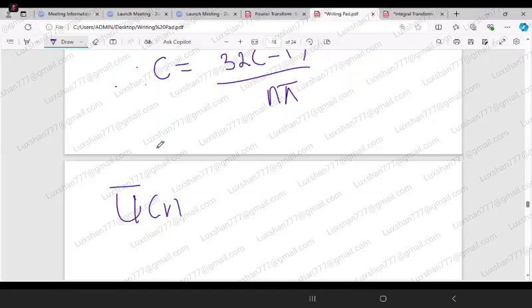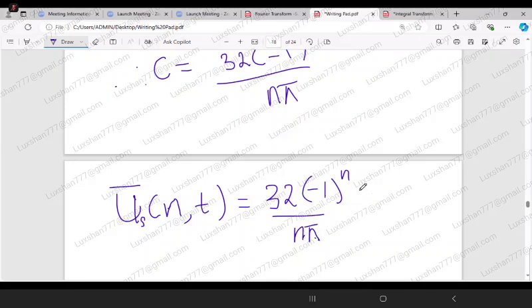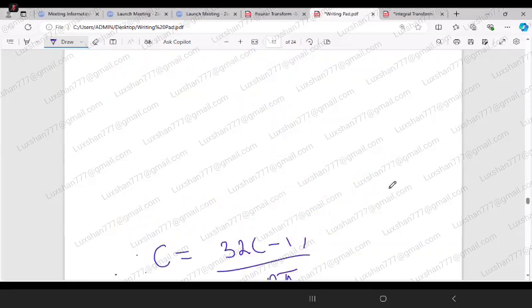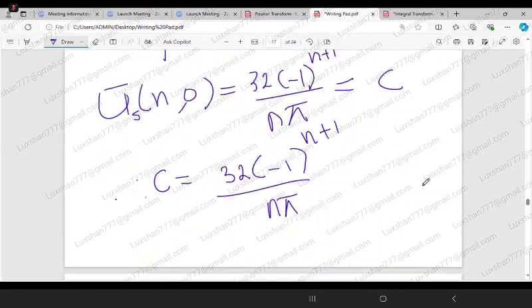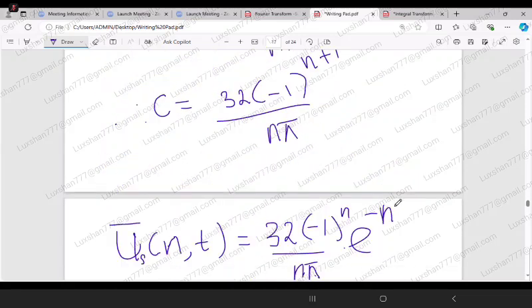So my u bar s n comma t equal to, this is my c value, that is 32 minus 1 to the power n plus 1 over n pi into e to the power minus n squared pi squared t over 16.